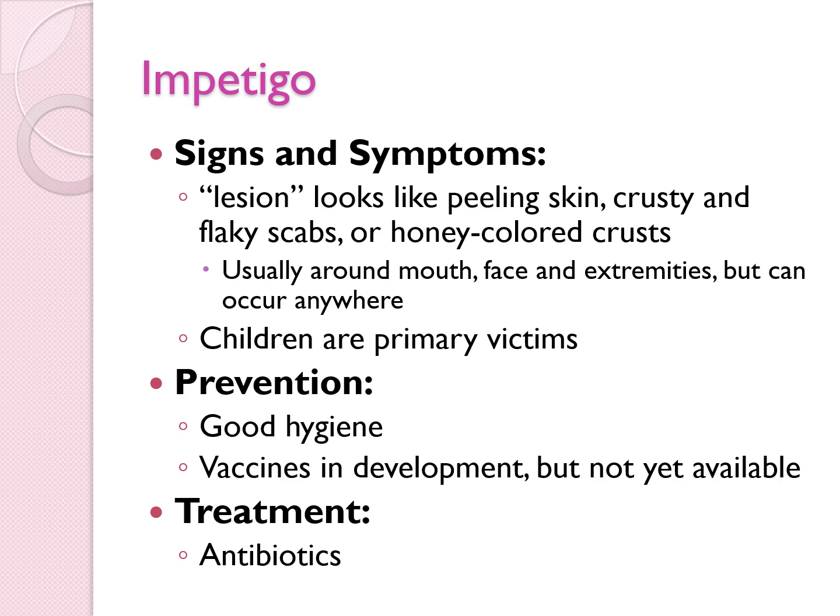Okay, so the signs and symptoms that we are looking for are peeling, crusty, flaky scabs that are usually described as honey-colored crust. Ugh, which sounds really gross, and when you see a picture, you're going to say, I know exactly what that is.